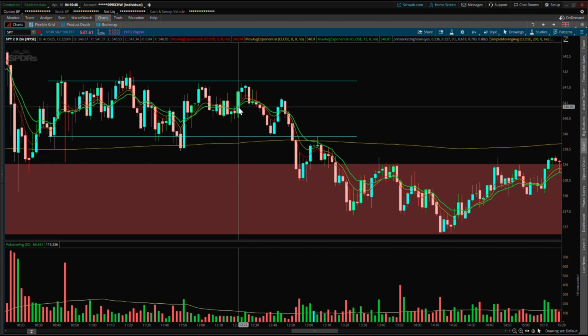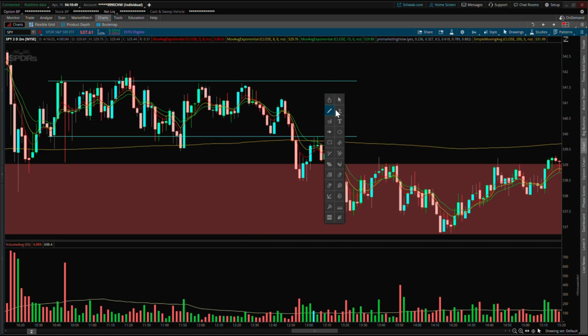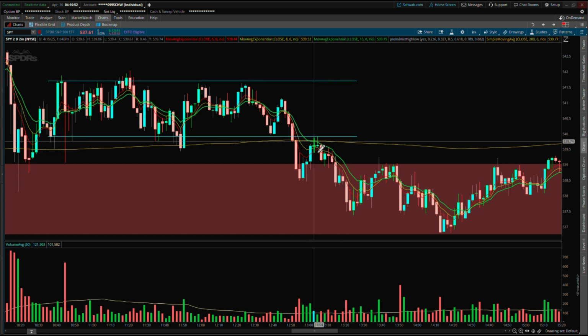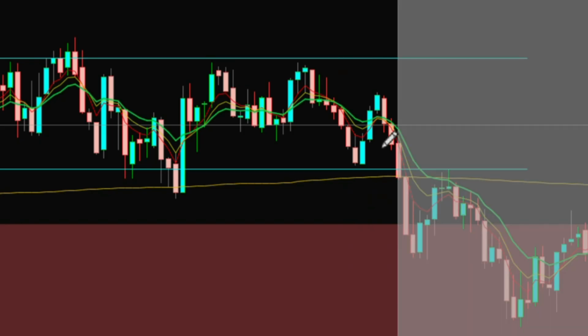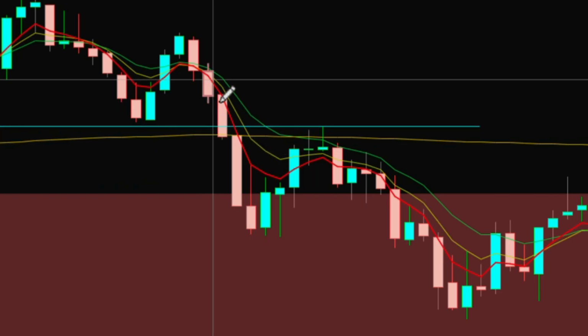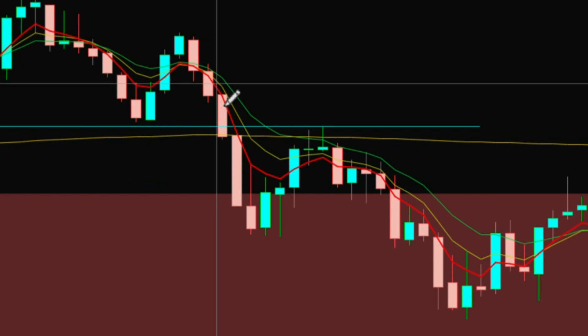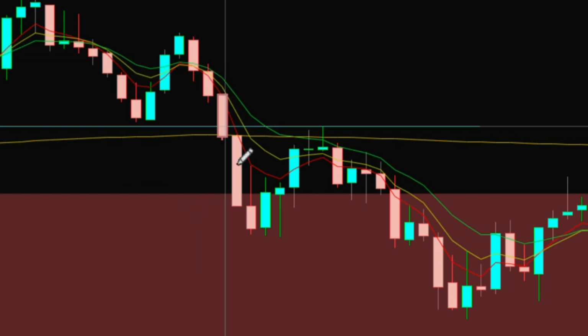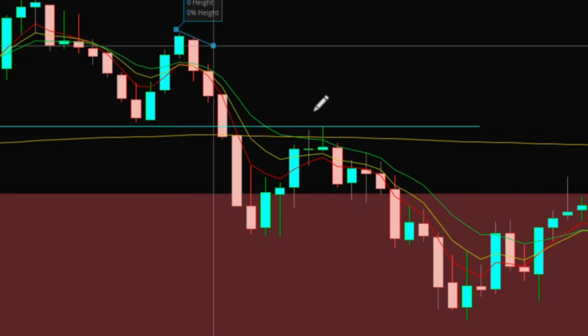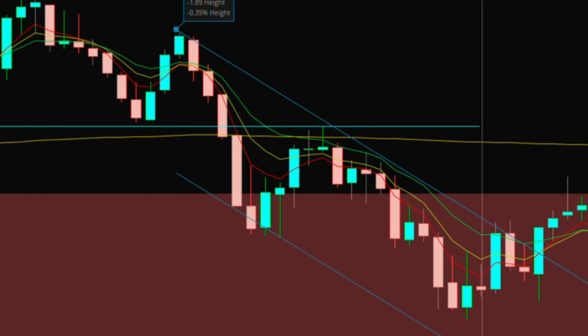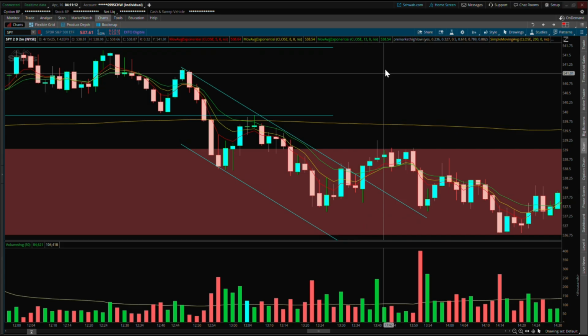Now, once this channel breaks, you want to fade the breakout. But in this case, I guess the trend is so strong. And which way is Williams Alligator telling us? We have the red EMA below the 8 and the 13, so we're in a downtrend. We stay patient and we draw a trend line, which also confirms that we are actually in that downtrend.